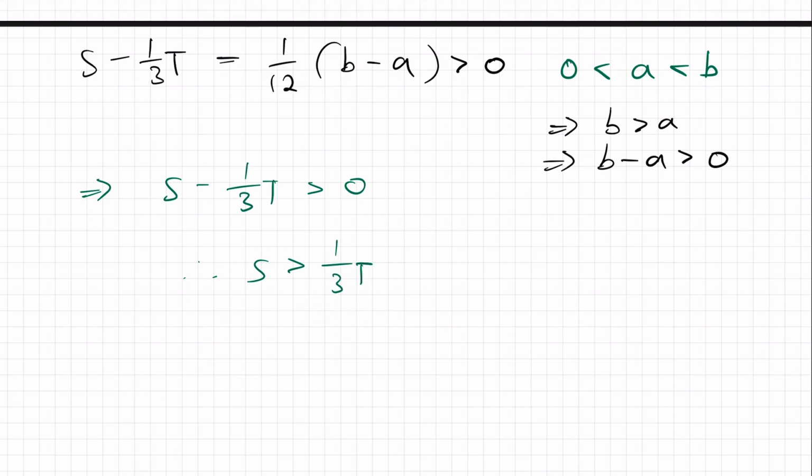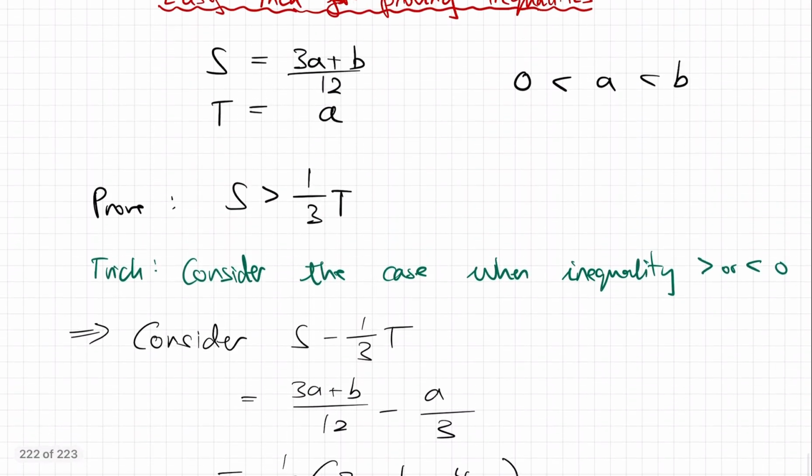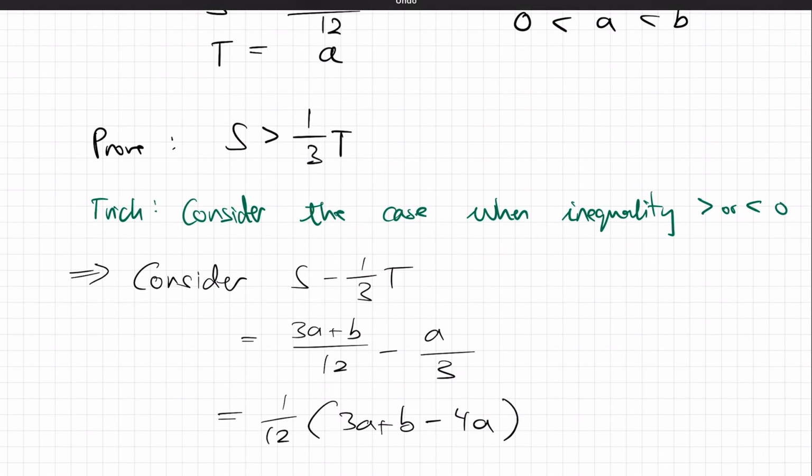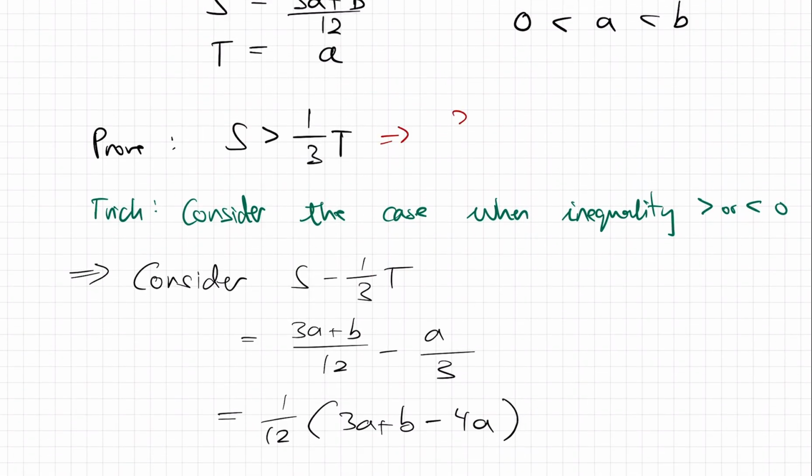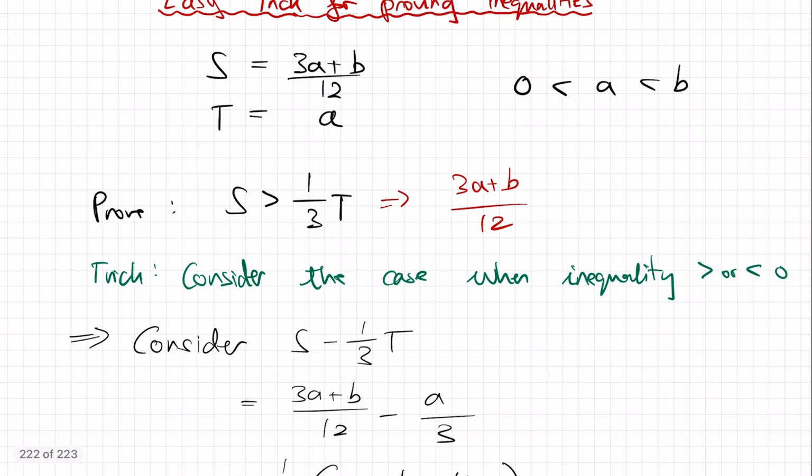And hopefully you can see the effectiveness of this trick, because if we wanted to prove this straight away, what we'd have to do instead is something like this. What you could do from here is notice that b is greater than a, so this quantity is going to be greater than 3a plus a over 12, which is equal to a over 3.